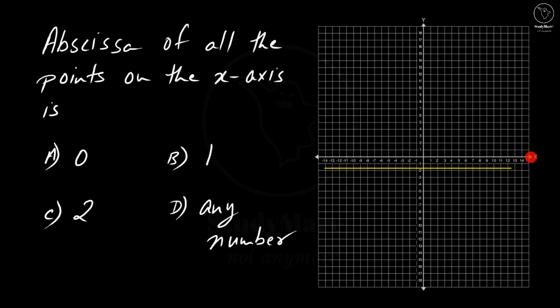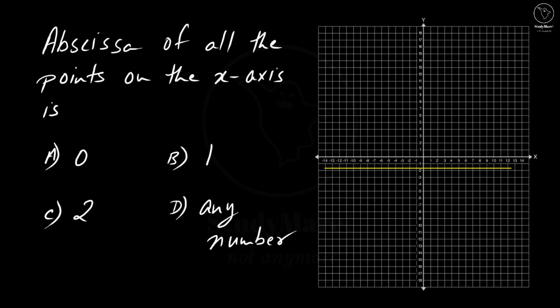Now since you have understood abscissa, it makes the question so much easier. Abscissa of all the points on the x-axis. So we have this x-axis. Abscissa means x-axis coordinates, which will fall on this line itself.